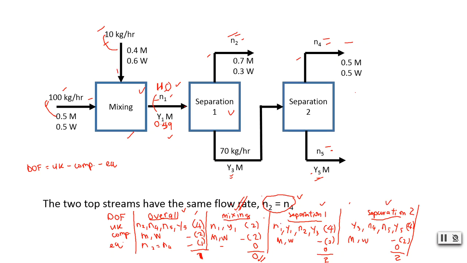So in separation 1, N1 and y1 have already been solved, so the unknown is only 2 minus 2, and now separation 1 can also be solved.